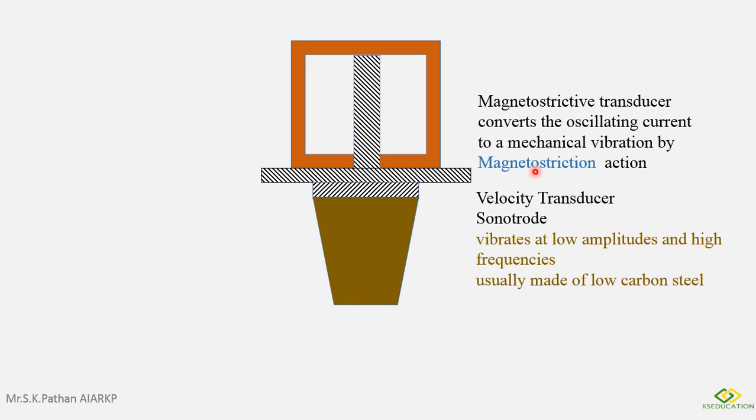Below the magnetostrictive transducer, we place a velocity transducer that is called sonotrode. The function of this sonotrode is to vibrate at low amplitude and high frequencies, and this sonotrode is usually made up of low carbon steel.